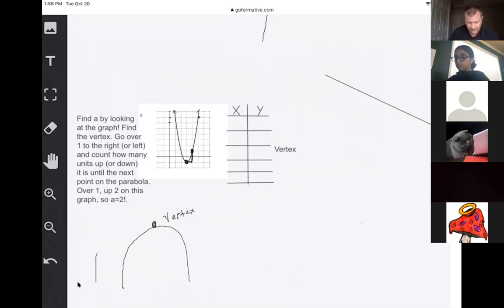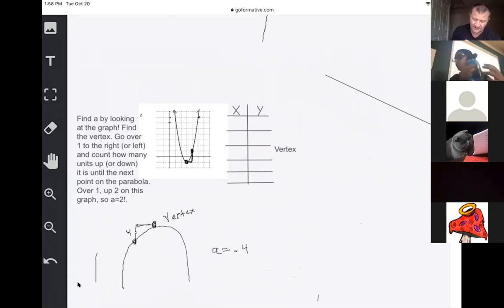But for now, you just go to the vertex and you go over 1 and then up until you hit the parabola. Now, if it's facing down, you go over 1 and then down. And if this was like 4, A would be like -4, okay? But in this case, it's 2, all right? And we'll talk a whole bunch more about A tomorrow, okay?